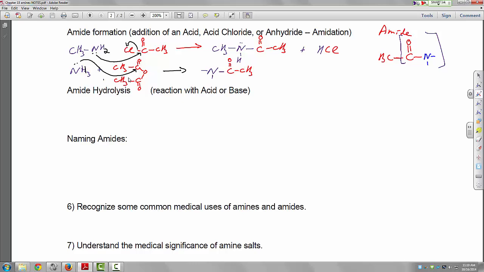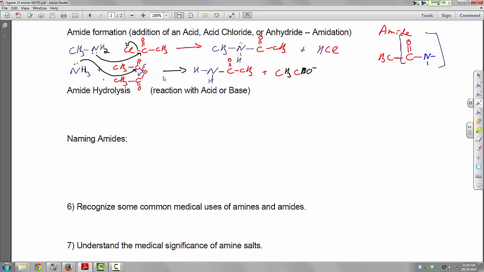This bond here breaks, and we're left with the acetate ion, CO minus. And because we just used ammonia, there are no alkyl groups attached to that nitrogen.